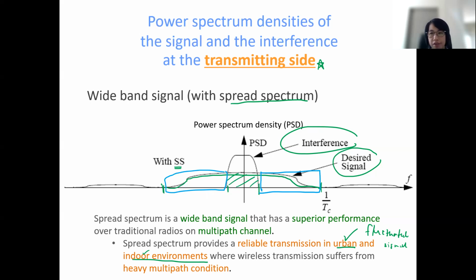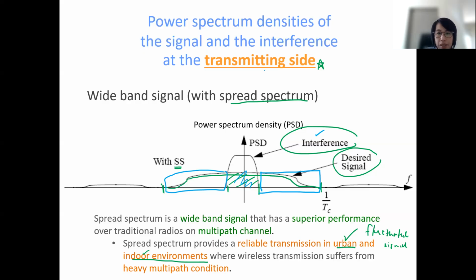Available means there is no effect from the interference. Okay, you got my point? We cannot escape from the interference, but there are still many parts remaining for transmission of our signal. Okay, that is the concept.